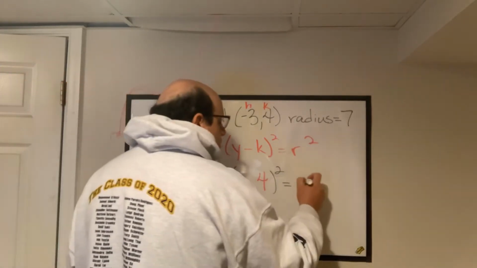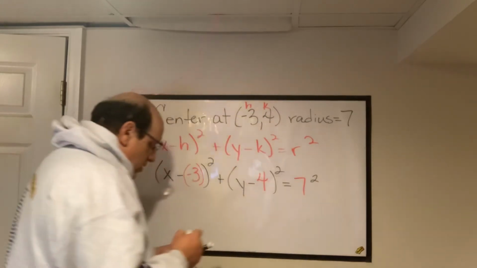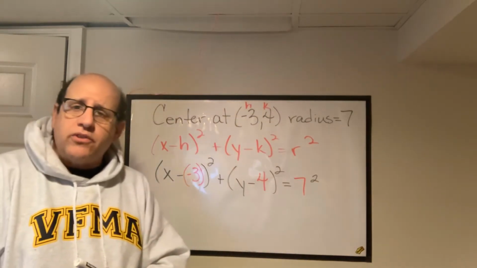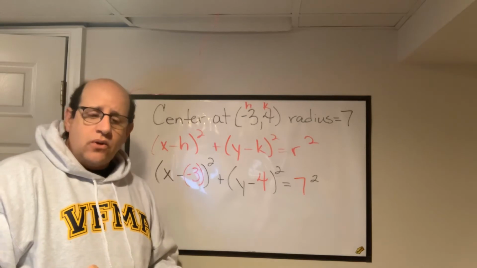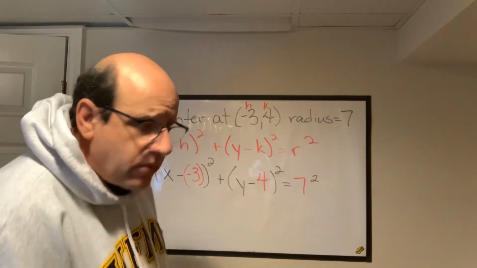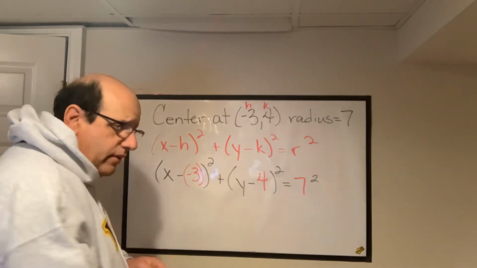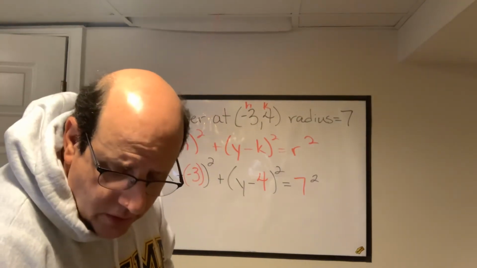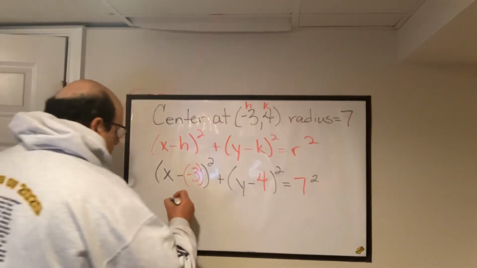Now we take our radius of 7 and we stick it here. So we can do a little bit of simplification when we're rewriting this equation down here to give our final answer.